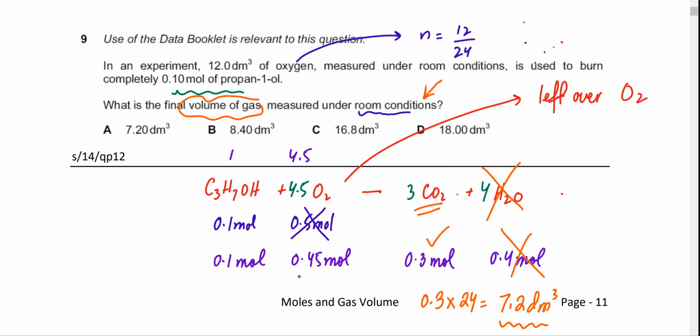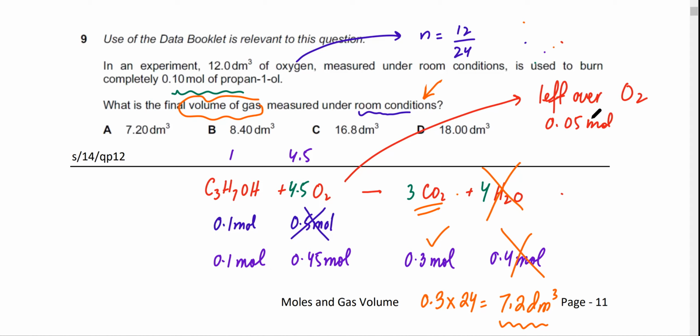Because you added 0.5, but only 0.45 are reacting, which means 0.05 moles of O2 gas did not react. So clearly 0.5 was in excess because only 0.45 took part in the reaction.